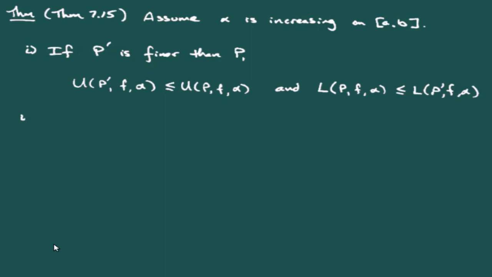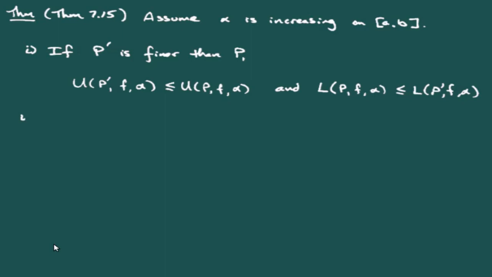So we get a narrowing by taking a refinement. We are lowering our upper bound and raising our lower bound, so we get this compression going on as we continue to take refinements.